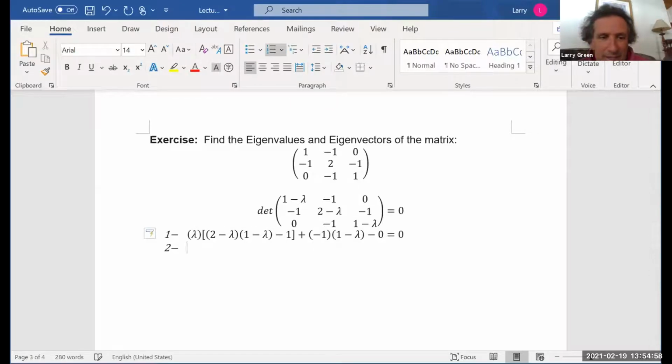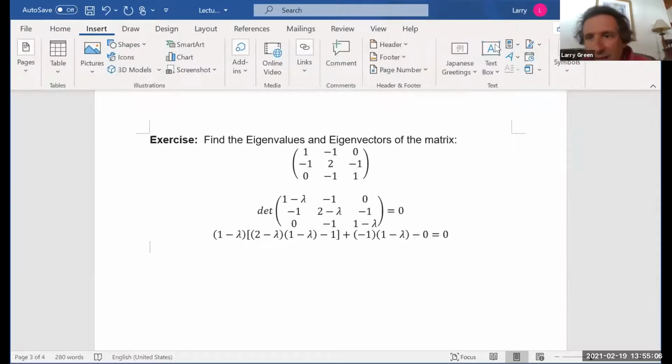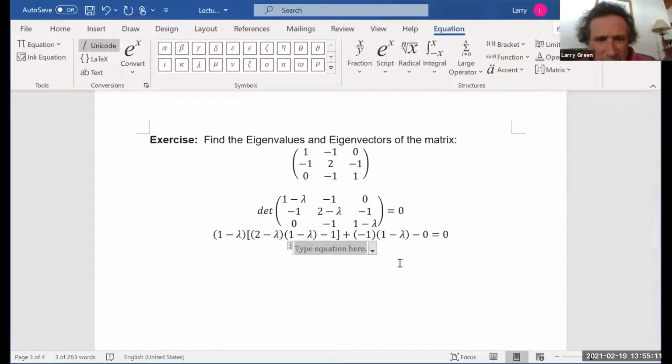Okay, let's continue on. So now let's simplify or multiply it out. So we get 1 minus lambda. And actually what I can do here is I notice I have a 1 minus lambda in the first term, and I have a 1 minus lambda in the second term. I can factor that out. The zeros just hang as zeros. So I can write down 1 minus lambda.